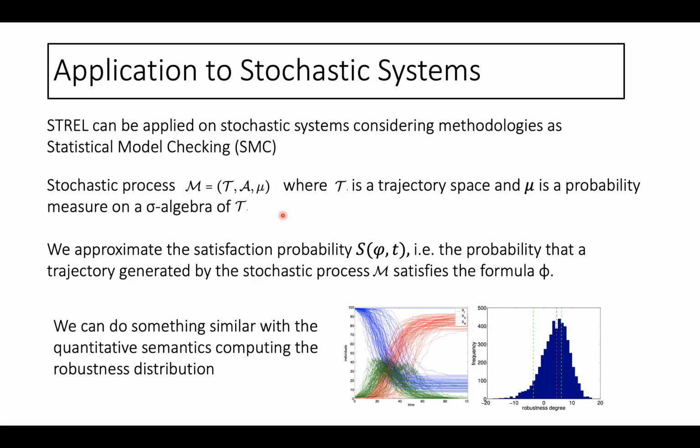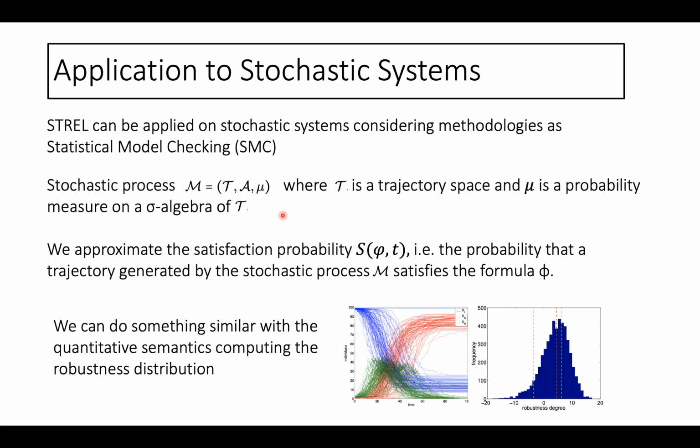For example, we will see in this case that we describe the system considering a continuous time Markov chain. So statistical model checking combines this simulation of the stochastic model with a monitoring routine for the property, the ones that we have seen before, on the single trajectory.